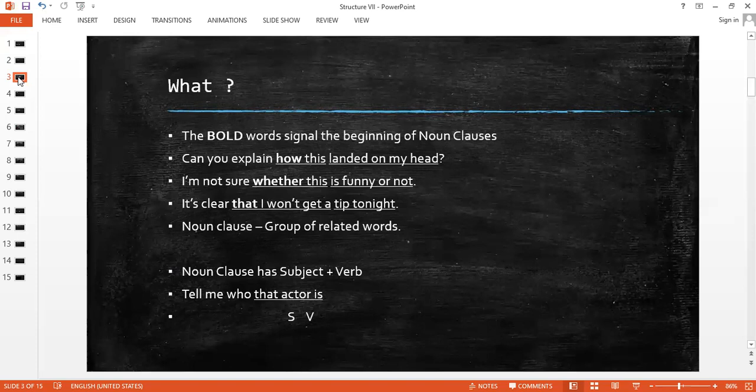You can also use it's clear. It's clear that I won't get a trip tonight. It's clear that the appointment, the agenda is postponed, for example. So you can use the expression "it's clear."